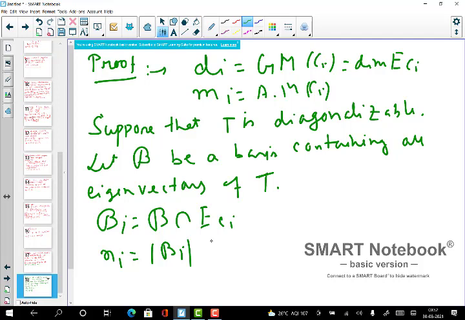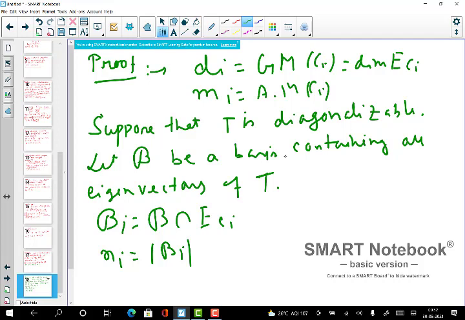First of all, the whole set is linearly independent, right? So Bi's are also linearly independent. Each Bi has linearly independent vectors, and Bi's are inside E_ci, right? The dimension of E_ci is di.